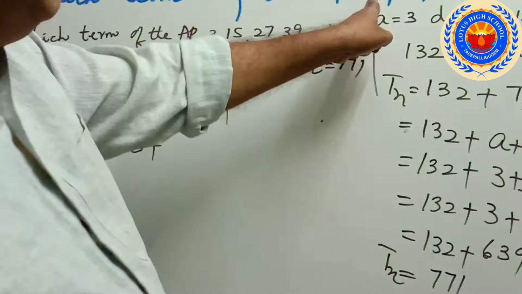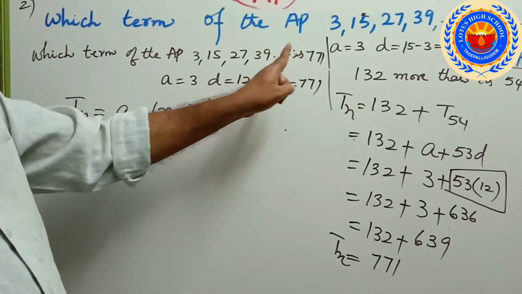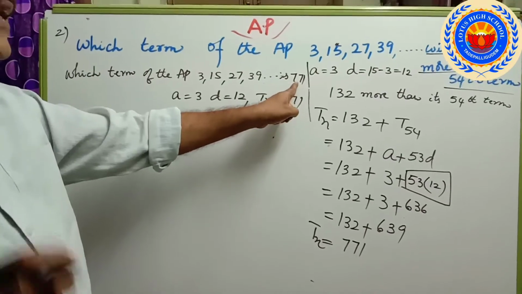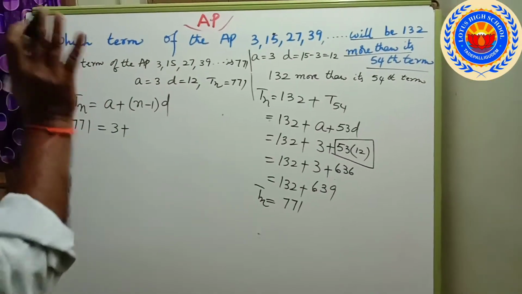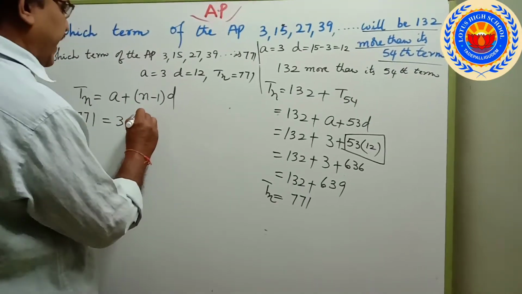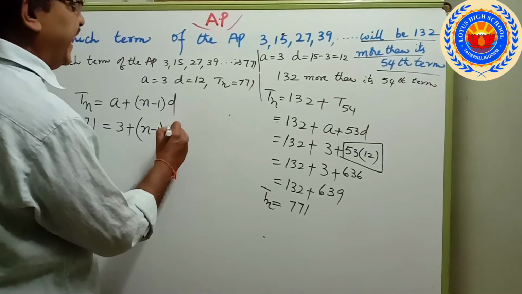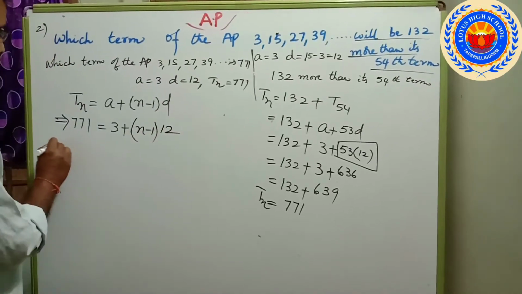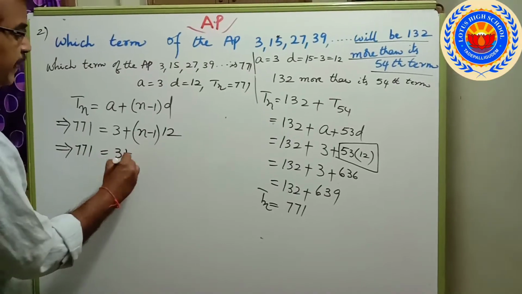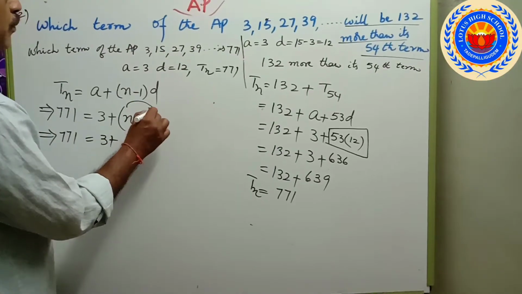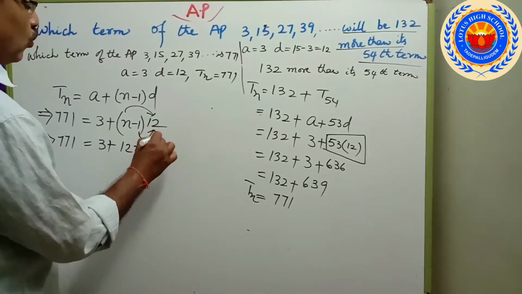This is the first term, this is the second term, this is the third term, fourth term, fifth term, sixth term, like that. 771 is which term? So n only is required. n minus 1 into d, 12. That implies 771 is equal to 3 plus, by the distributive property, 12n minus 12.